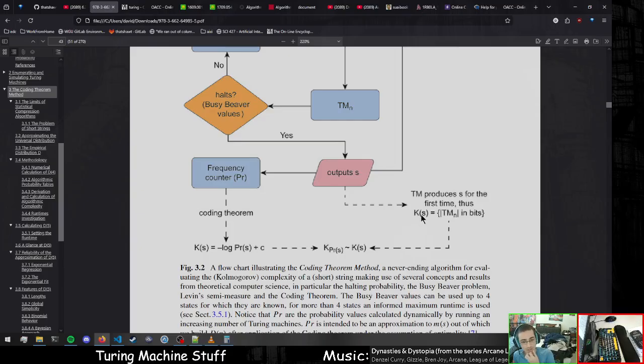Okay, how about this? So you search for the string, right?